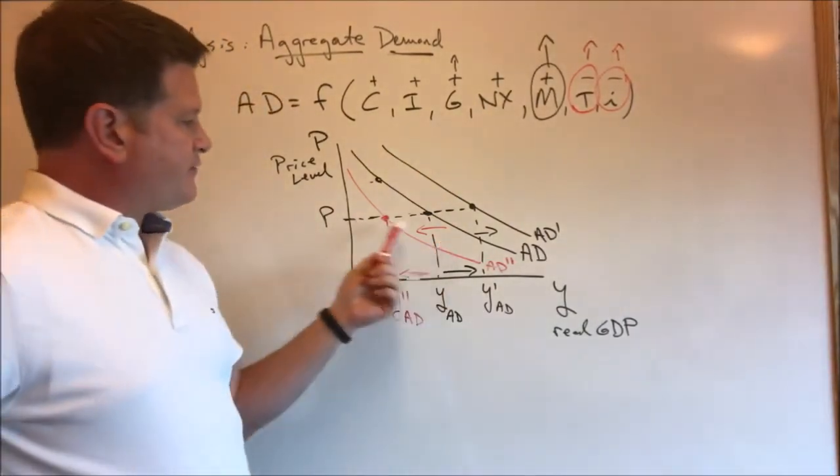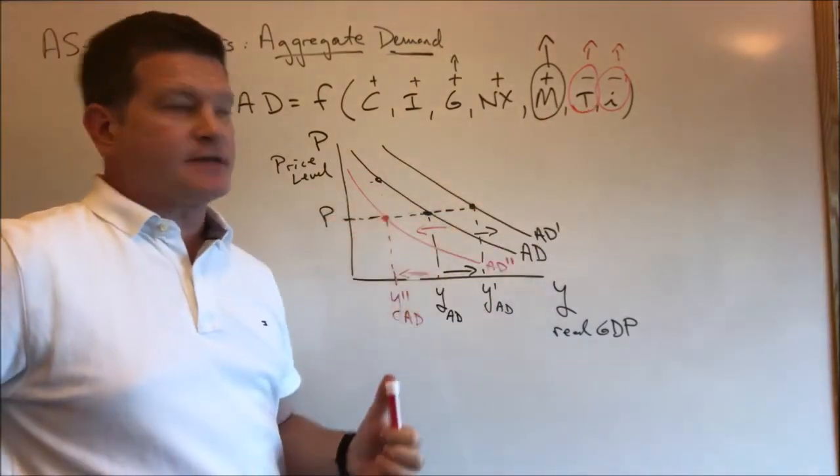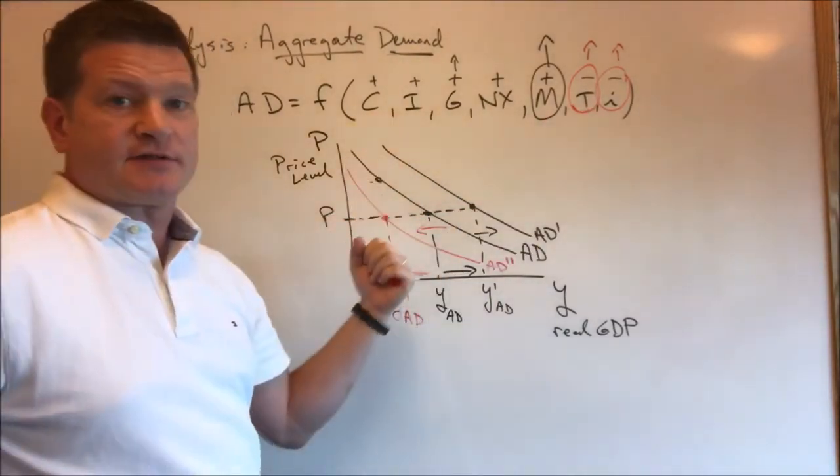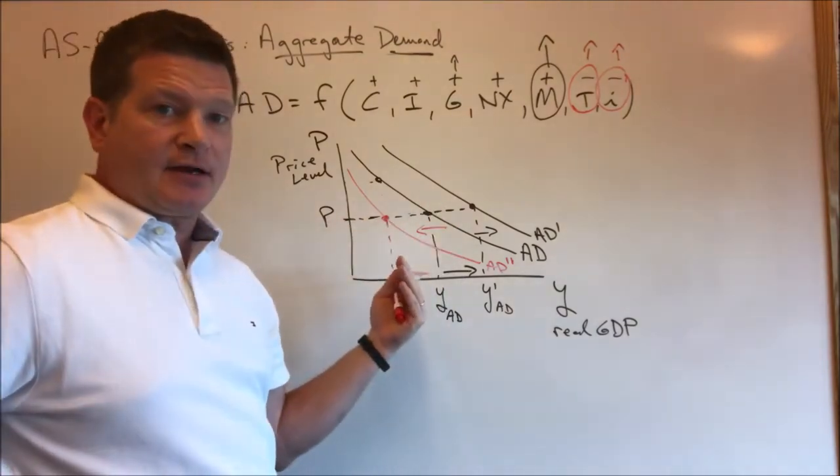In this case, for the same price level, there's more taxes, so you have less money to spend, so consumption and investment fell. So for the same prices, there's less aggregate demand in the economy.